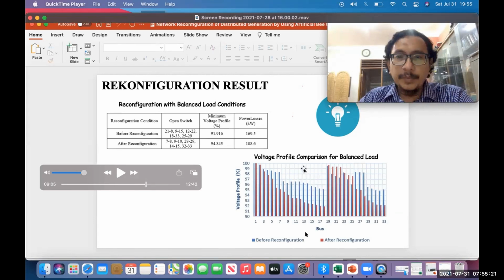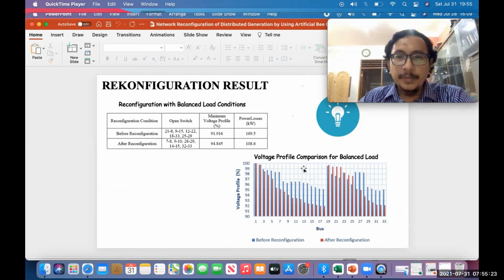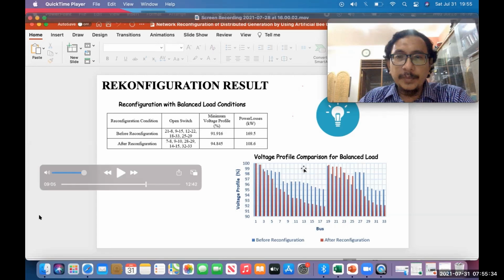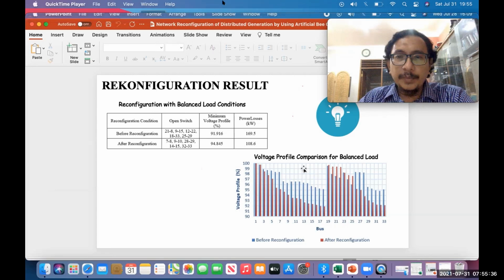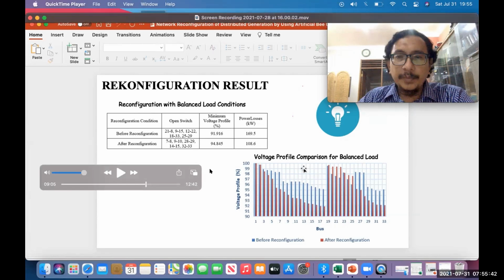I see. Balanced load before reconfiguration and after reconfiguration. I understand the difference between balanced and unbalanced load now. Thank you. Okay, thank you, sir. Thank you, Dr. Sergio. Let's move on to the next paper.